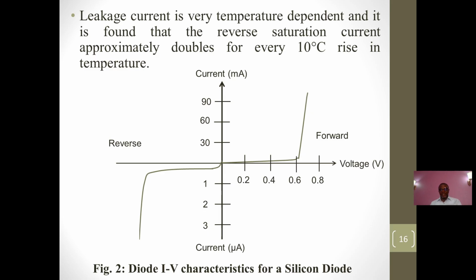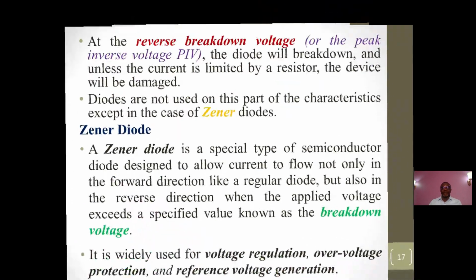You can see it is in the order of microamps, while in the forward direction, the current rises in tens of milliamps. So now the Zener diode, as you can see, makes use of this reverse operation to work. Let's go on and see it.